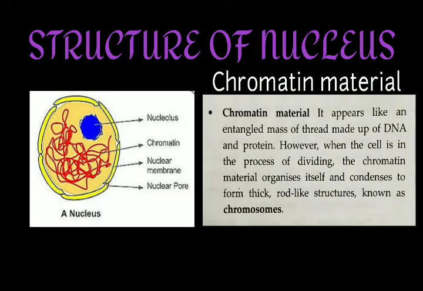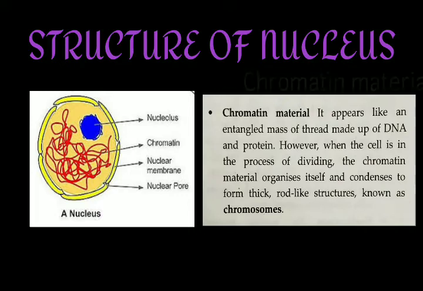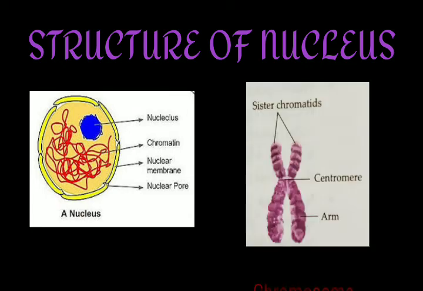Right? So this is the chromatin material, which is present like a thread inside the nucleoplasm. And during cell division, these thread-like materials are converted into chromosomes, thicker material.